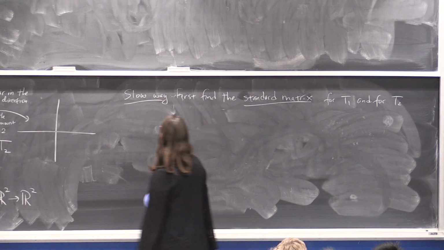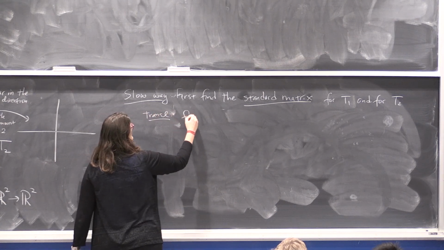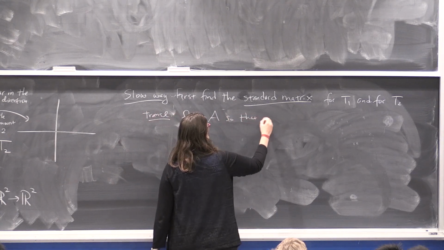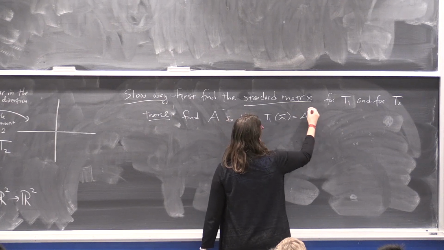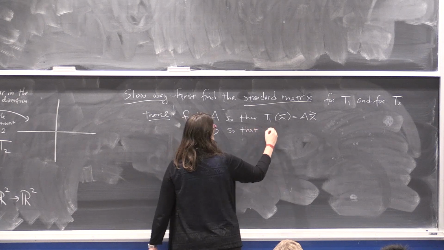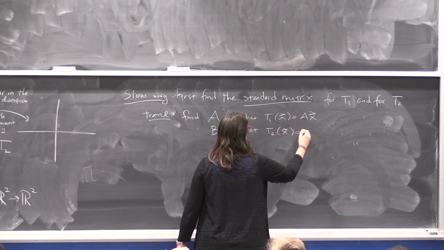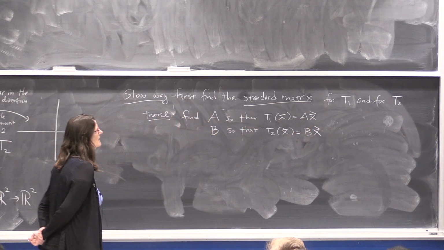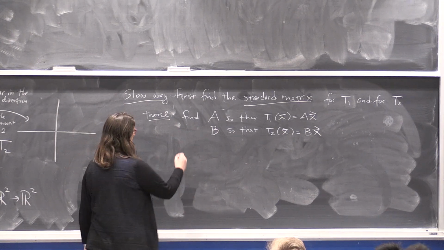So what this means is, find A so that T1 of x is equal to A times x, and B so that T2 of x is B times x. So A is going to be a matrix and B is going to be a matrix.